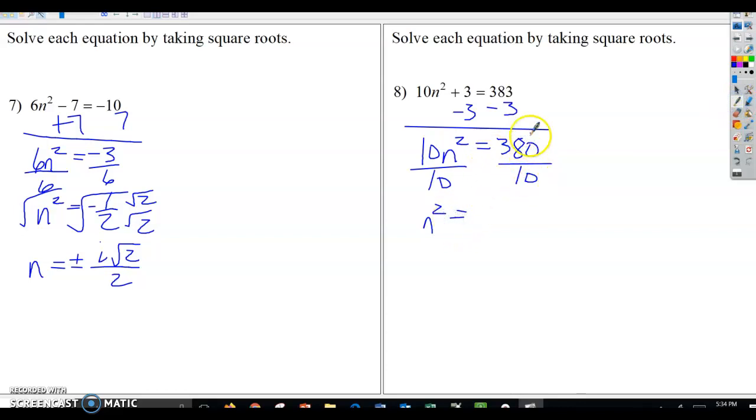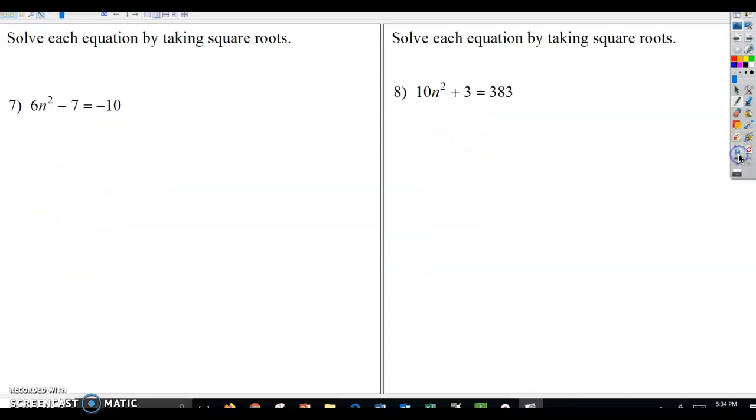All right, so the 10s cancel, so I've got 38 left. And then I'm going to take the square root of both sides. So n equals plus or minus square root of 38.